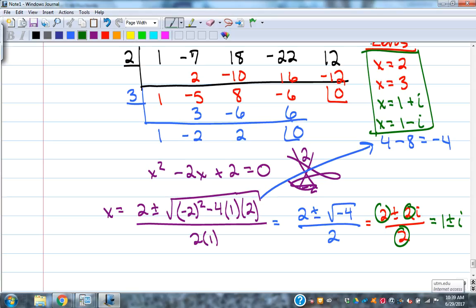And so I have 1 plus i and 1 minus i as zeros of this polynomial. And then 2 and 3 are the real zeros of that polynomial. So it's not anything crazy there.